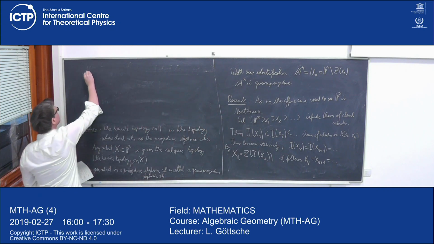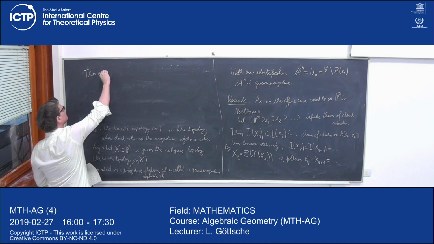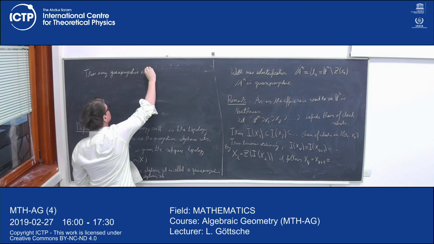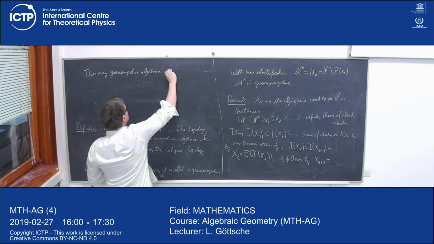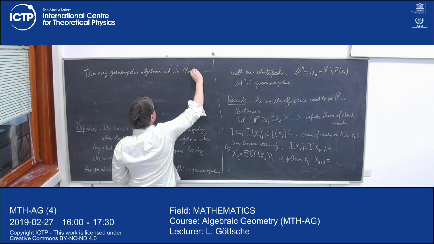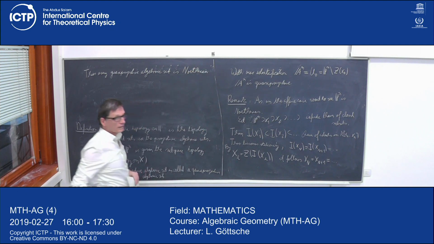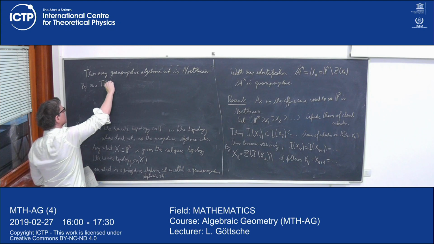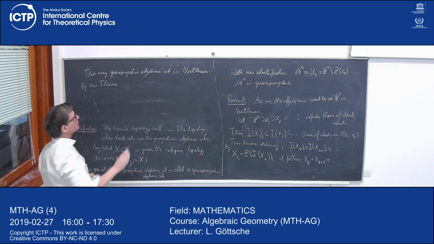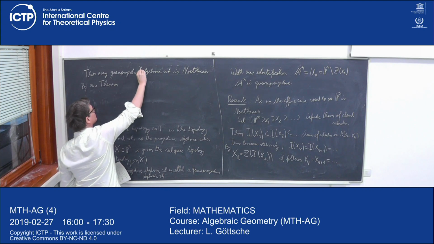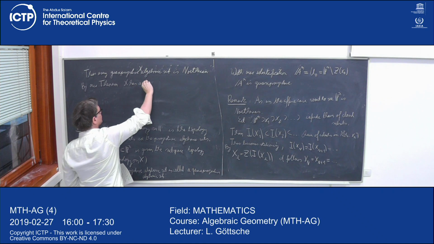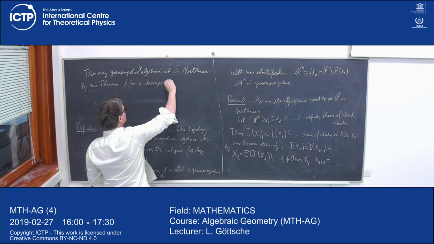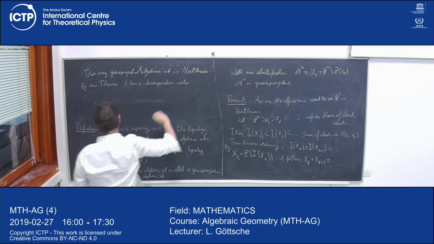Thus every quasi-projective algebraic set is Noetherian as a topological space, and by our theorem it follows that every such X has a decomposition into irreducible components.